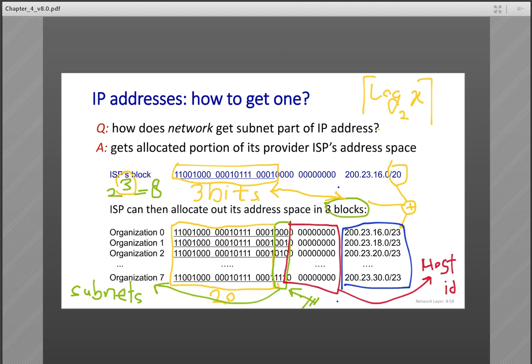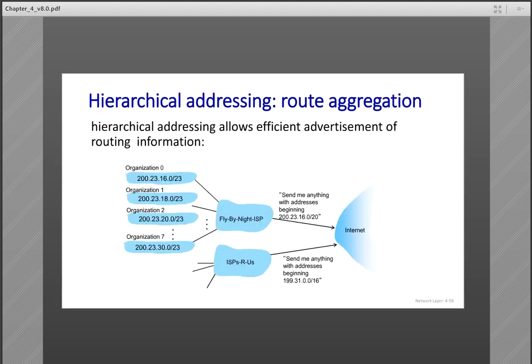We divide a large address into some subnets. Okay? So this is subnetting.